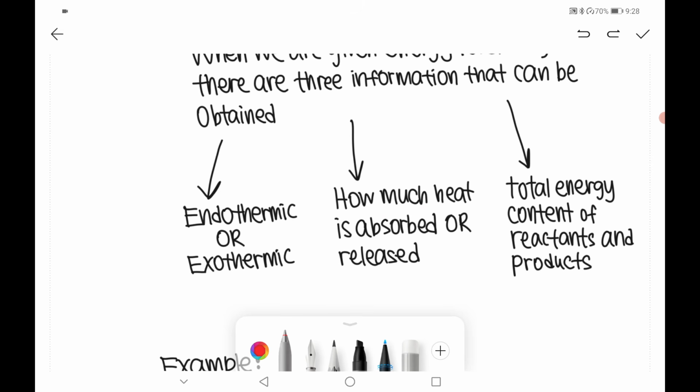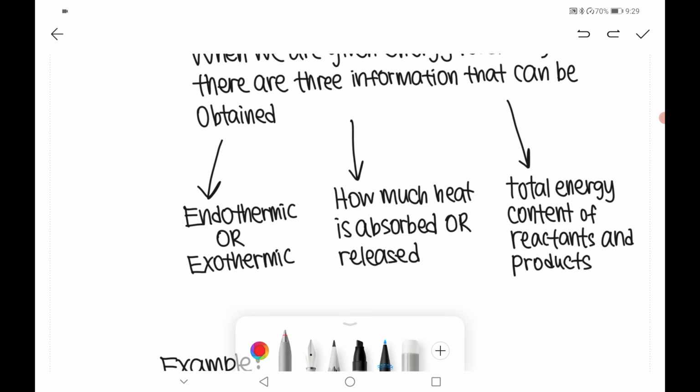And after that, we should be able to know the total energy of reactant and total energy of product, whether the reactant has more energy or the product has more energy. I know you might find it very blur here, which is normal.